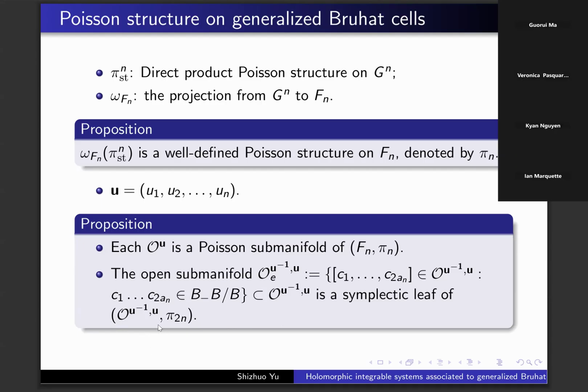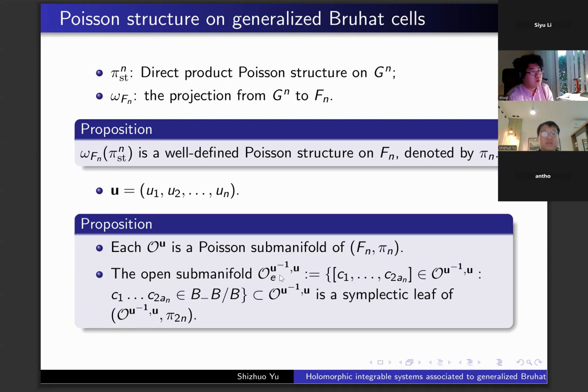So now we have a symplectic manifold, or symplectic variety, here.